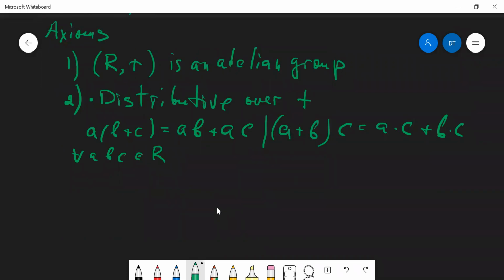Also, we want the multiplication to be not very bad, at least. What does it mean? First of all, multiplication must be associative.